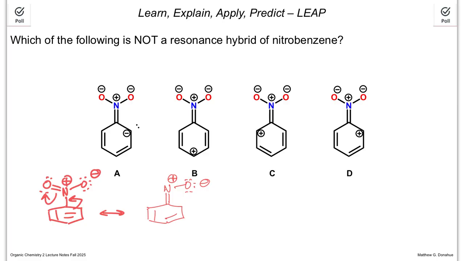That balances off to 0. The other oxygen is now negative, and that means that the ring at that position is now positive.